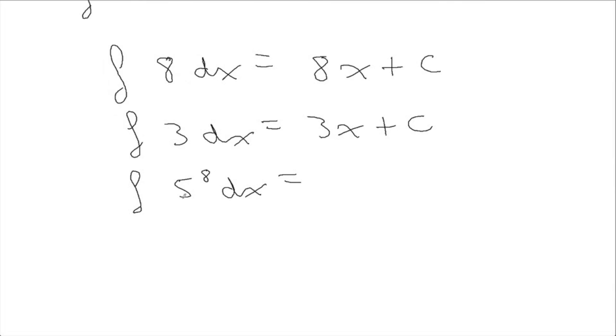A constant. So is 5 to the 8th power a constant or a variable? A constant. So we can just apply the constant rule. So 5 to the 8th times x plus c. Notice, is this a power function? No, because power functions have to have a variable at the base. This is just a fancy way of writing a constant.